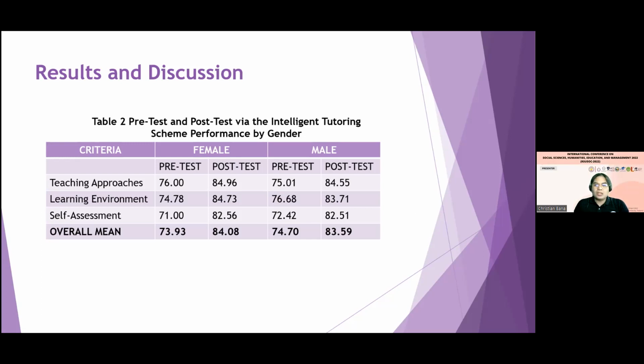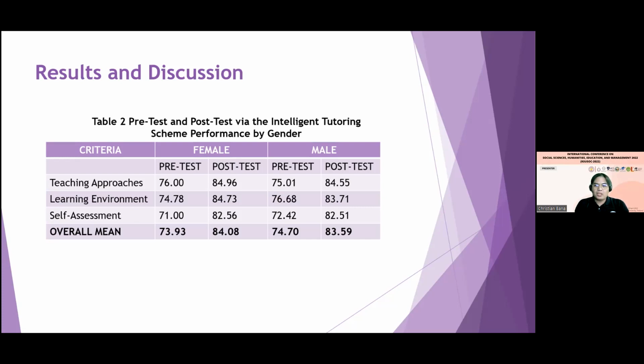So the male students' level of performance before on the pre-test had a mean of 74.70 and after the post-test a mean of 83.59, with the use of the intelligent tutoring system in terms of teaching approach, learning environment, and self-assessment.